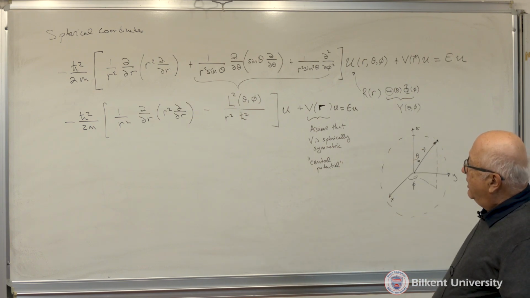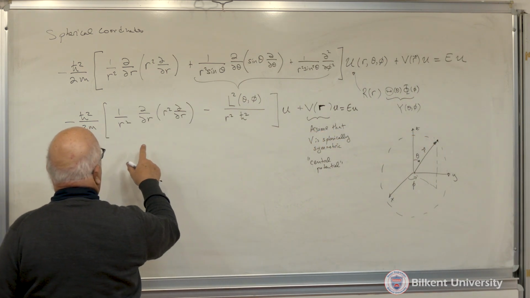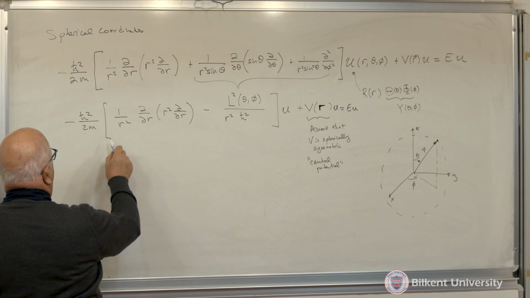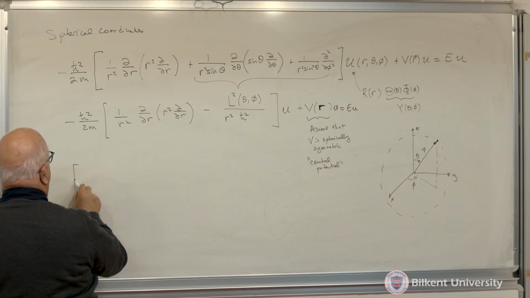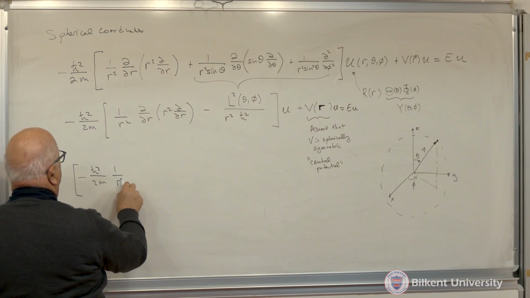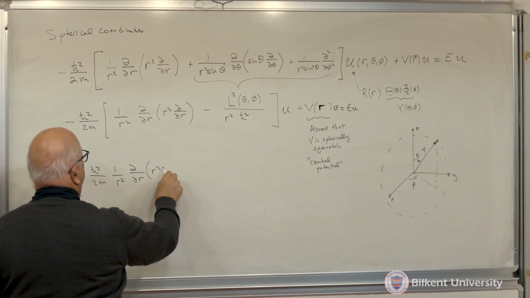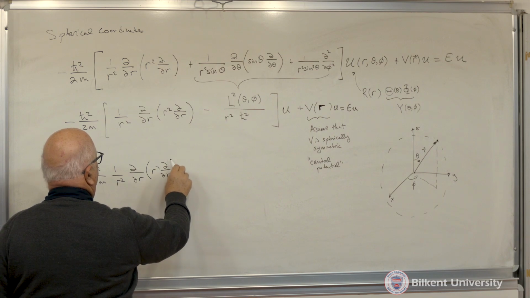So what did I really do here? Let me put this factor inside: minus h bar squared over 2m, 1 over r squared del r, r squared del r.